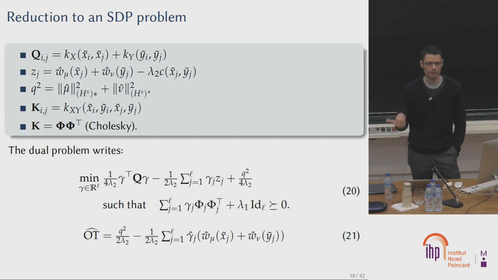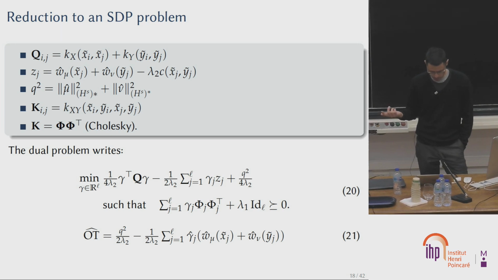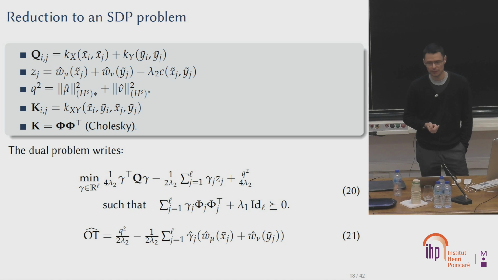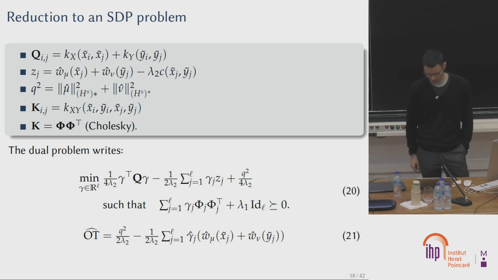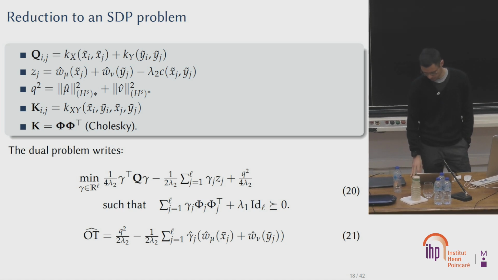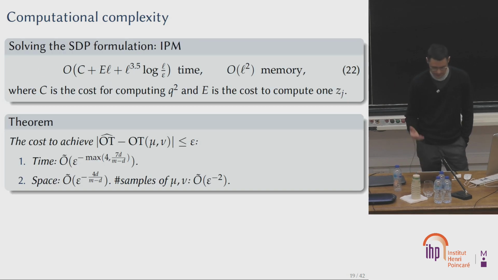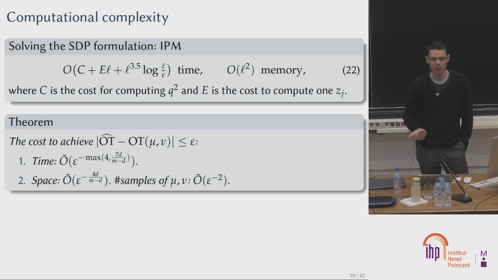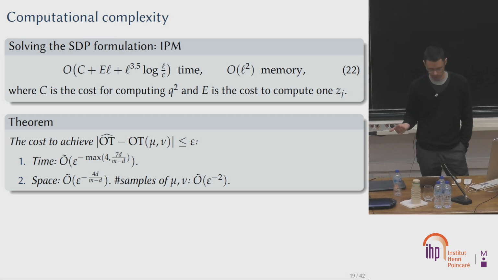And in this formulation, we can reduce the optimization problem to an SDP optimization problem, which we like to write in the dual form because it's better behaved than the primal, a bit better. We can compute everything, and we can estimate the computational complexity. We are using interior point method, and we can track the complexity.